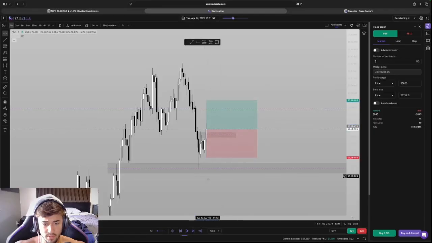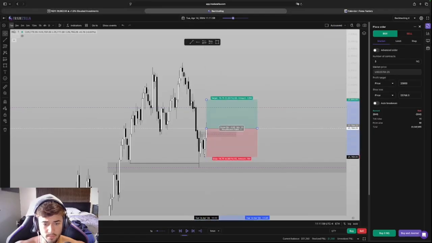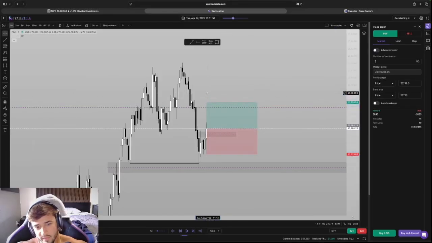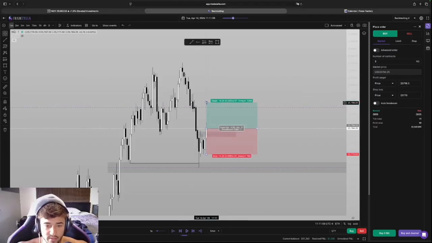Don't want to get greedy, trying to target something more when I have that fair value gap there. Even though if this does inverse this, I feel like we could take this high.